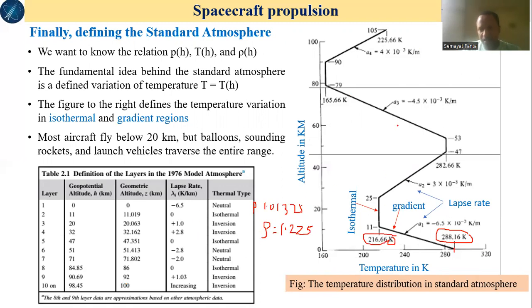In this graph, this is the isothermal layer and this is the gradient layer. The lapse rate, or the slope of this line, is given as minus 6.5 times 10 to the power of minus 3 Kelvin per meter. So every parameter is listed here.